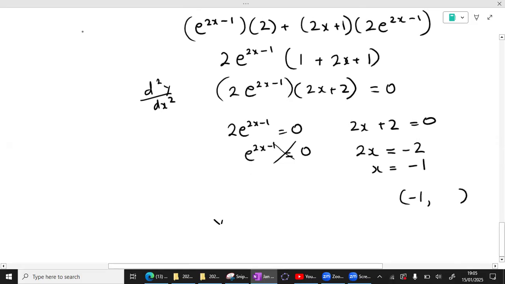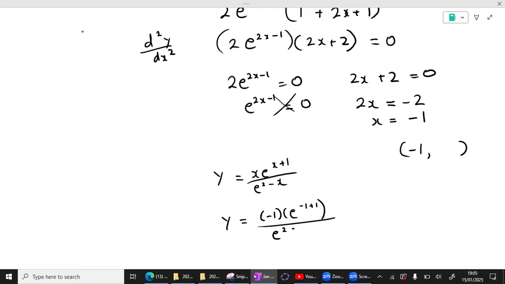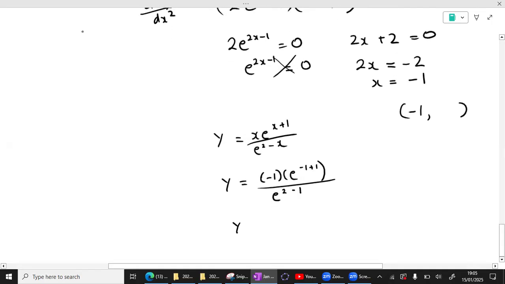To get my y value, I go back to the very start of the question, like I would normally do anytime I have an x value and want the y. In the place of x, I am going to sub in my -1. I'm going to put it there, there, and down here. So when I look at this a little bit closer, I end up with minus e to the 0 all over e to the power of 2 take 1 is 1.